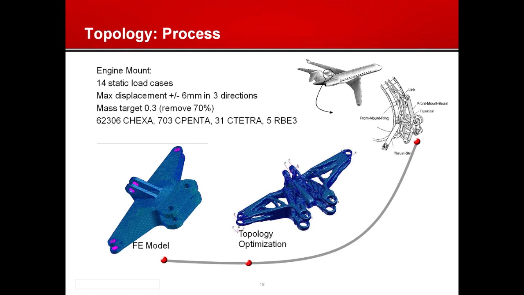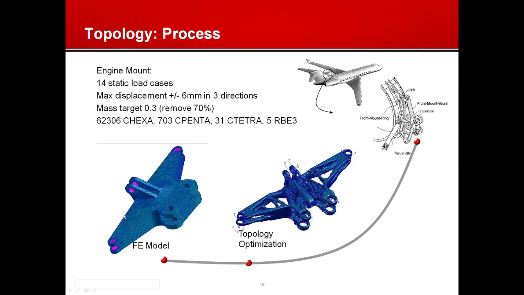One other optimization process that is available in Nastran is the topology optimization process, where you start with a very crude representation of what you think may meet the requirements.